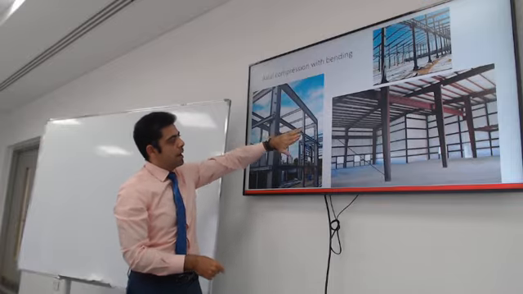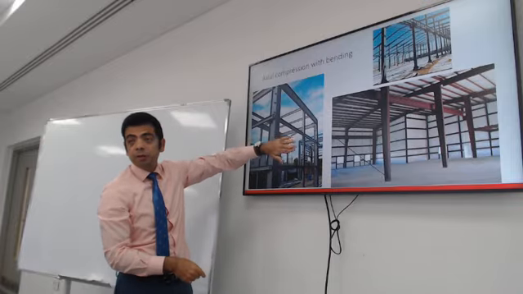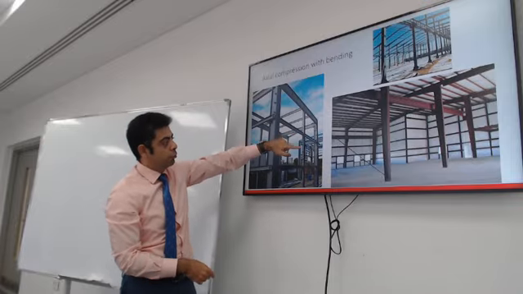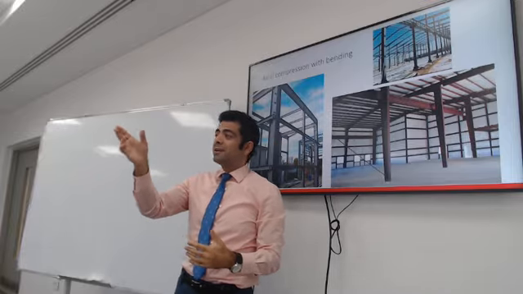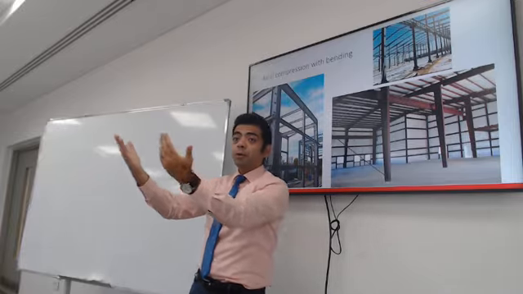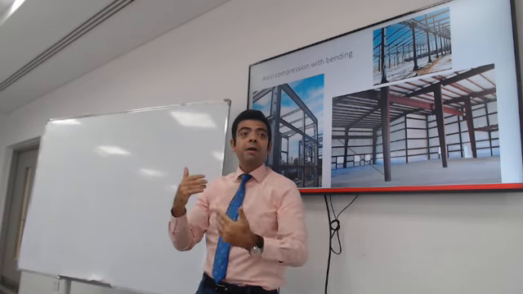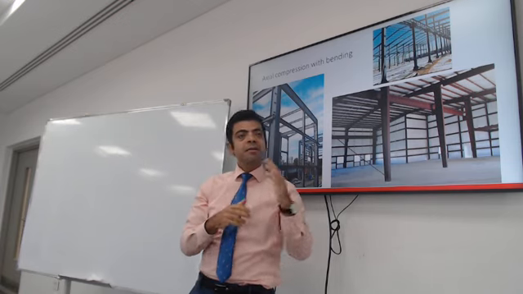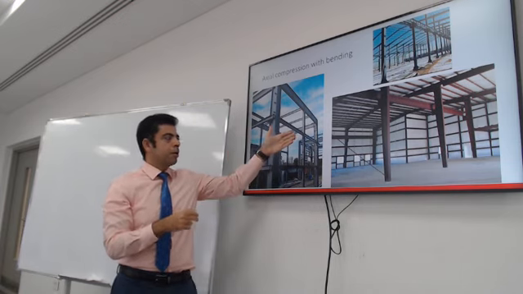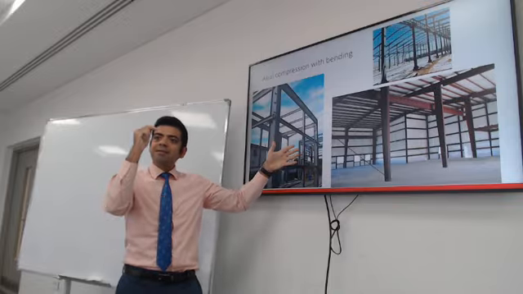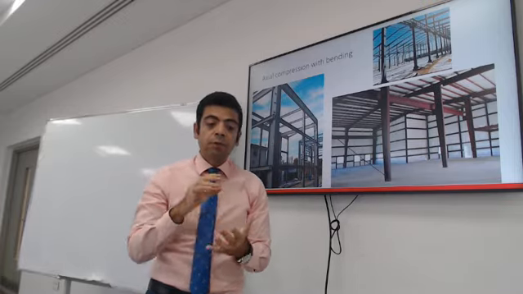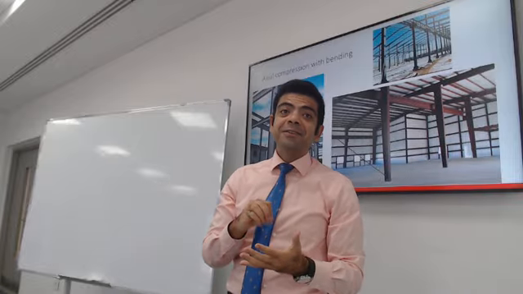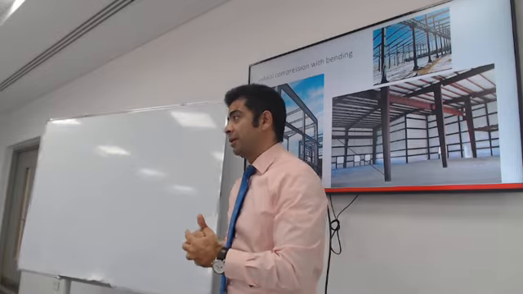Or the span of the window or the wall could be sideways, so it could have a uniformly distributed load on the column. Long story short, if you're designing the column on the outside, you will need to account for the wind effect. And this column becomes a beam column, a column that has axial load and moment. So today we will talk about how to design a column that has axial load and moment on it.